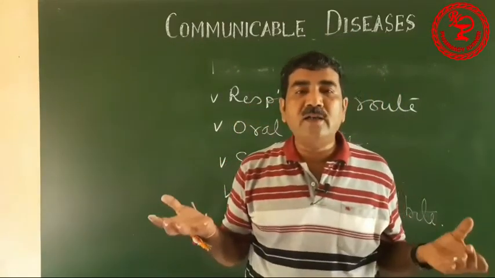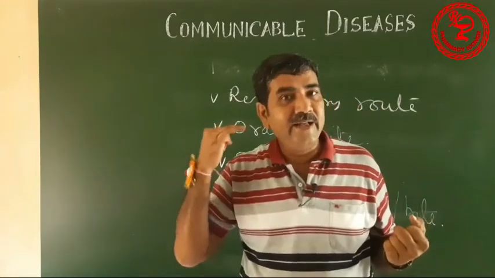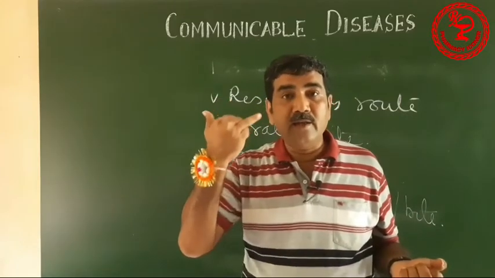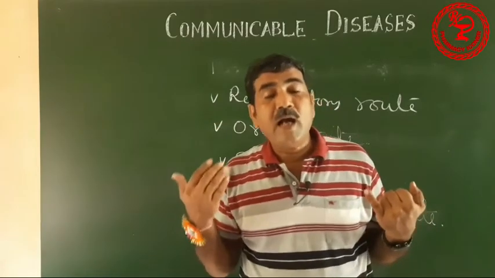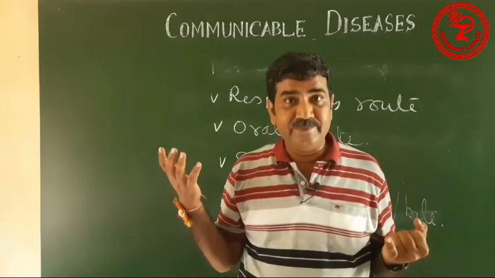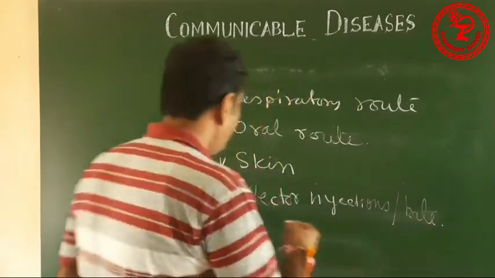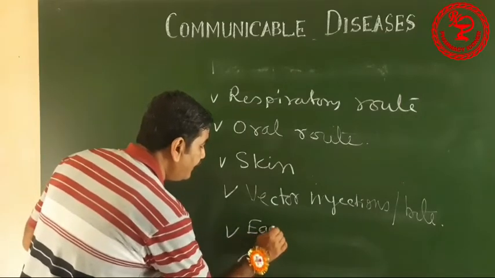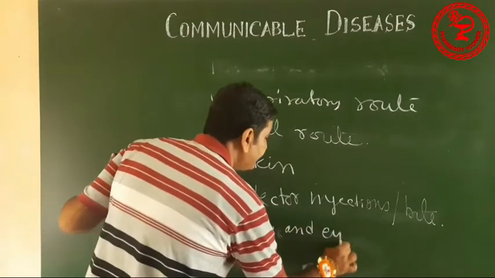Another route of infection: infection can occur directly through our eyes and ears. The infectious agent can enter our body through the eye. Now they are saying the current coronavirus can infect through our eyes also. Some other infections like conjunctivitis, etc., can enter our body through the ear and eye.